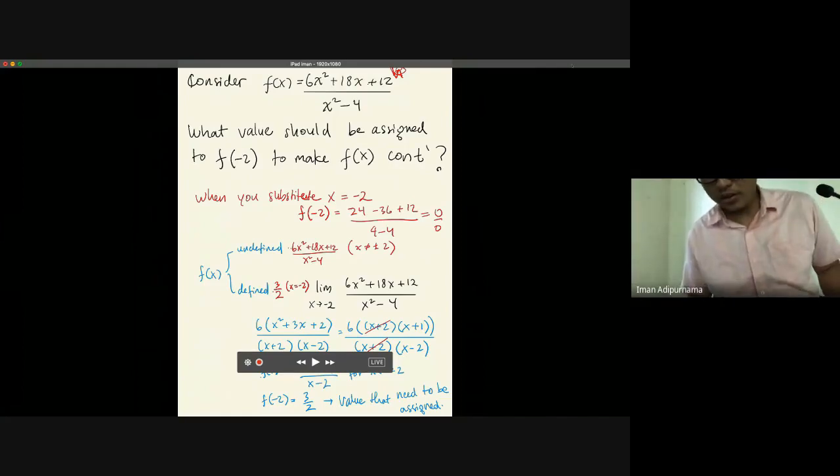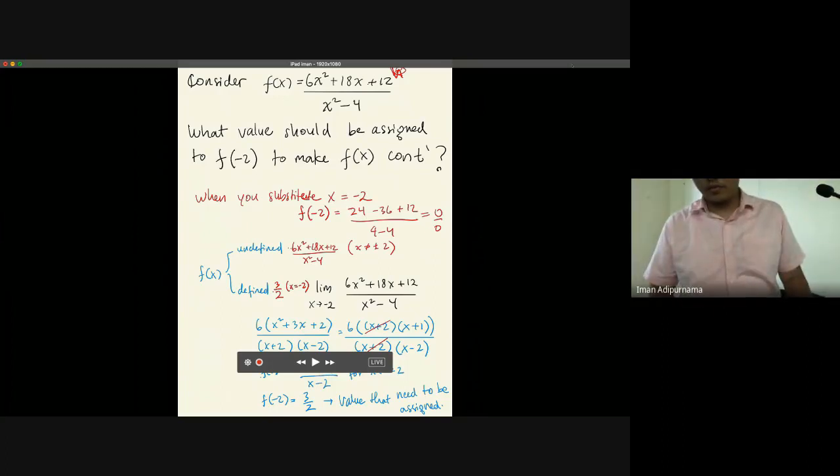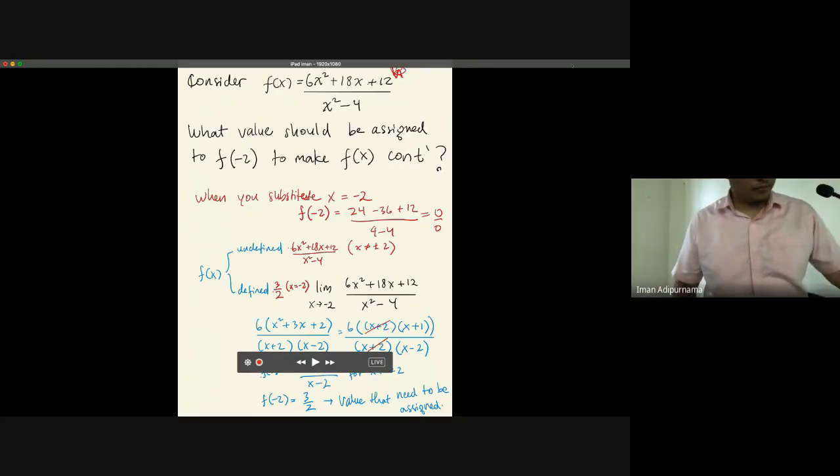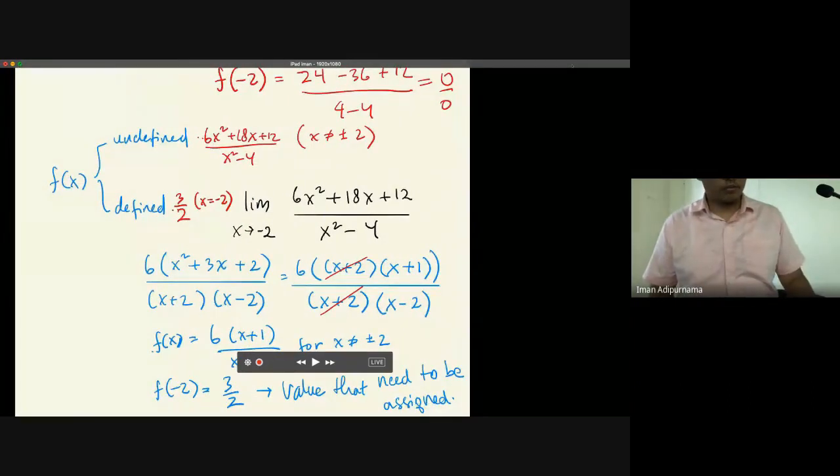The bottom one? Yeah, it's just the value that needs to be assigned. Here, it's clear.